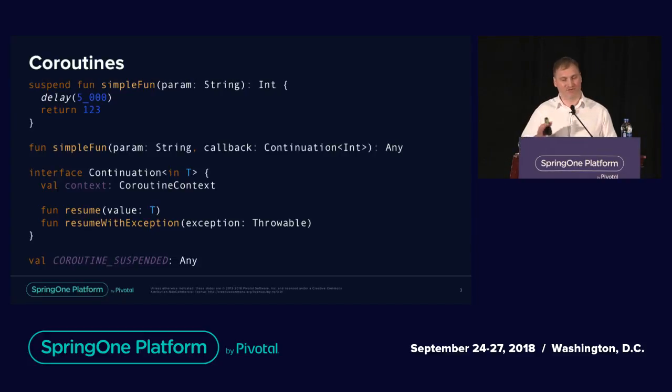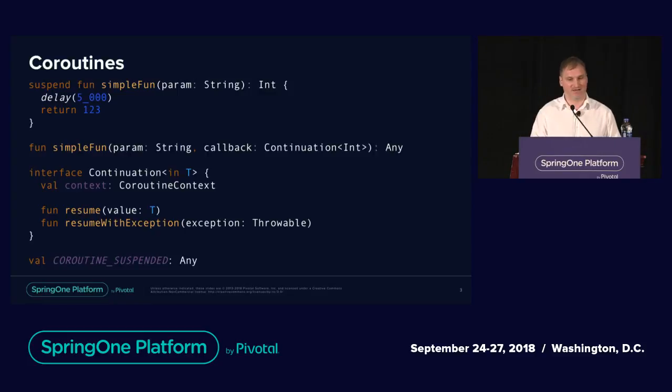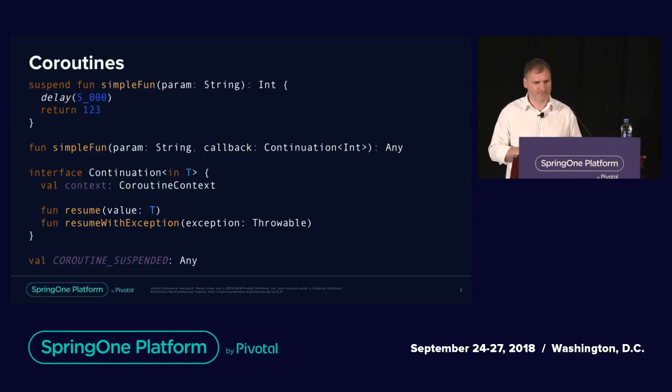In Kotlin 1.3, you will have only one function, which is called resume, and it will take a Result type. The Result will contain either the value or the exception. So this is a small difference which will be introduced in Kotlin 1.3, but other than that, the rest is the same.